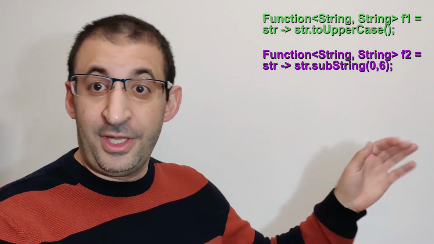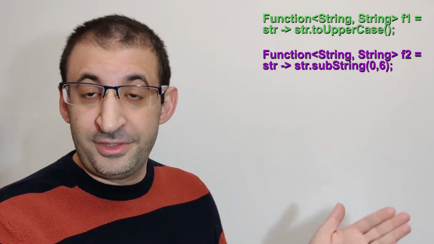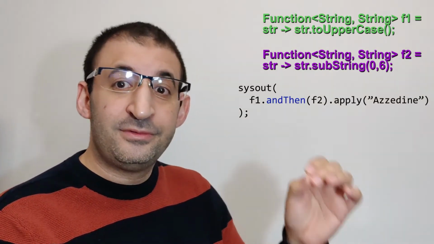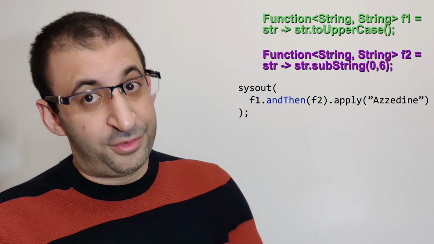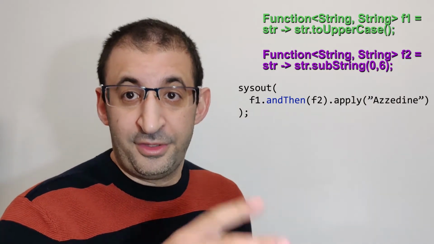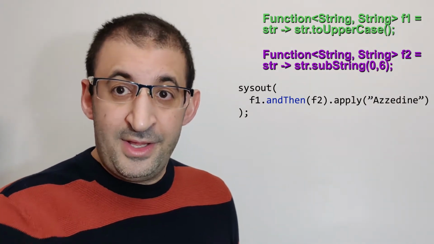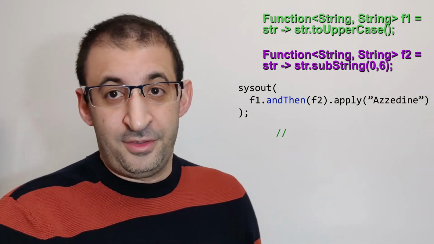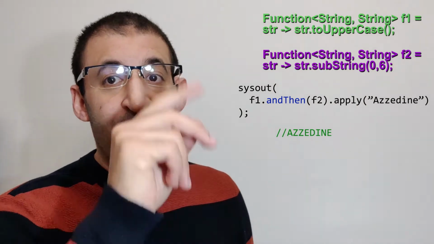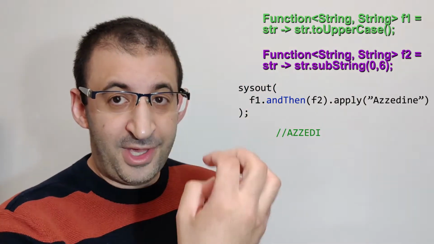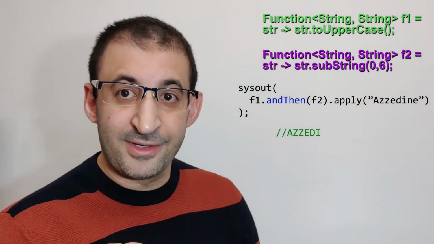Now if I make System.out.println f1 dot andThen f2 apply asdin, I execute f1 and then f2. So I get asdin in uppercase, then the first 6 characters. I make the uppercase, and after this, I get my 6 characters.